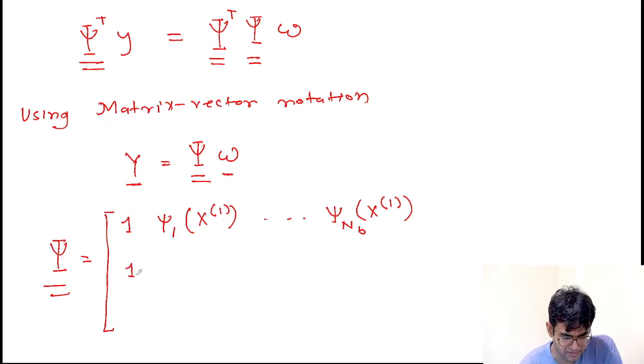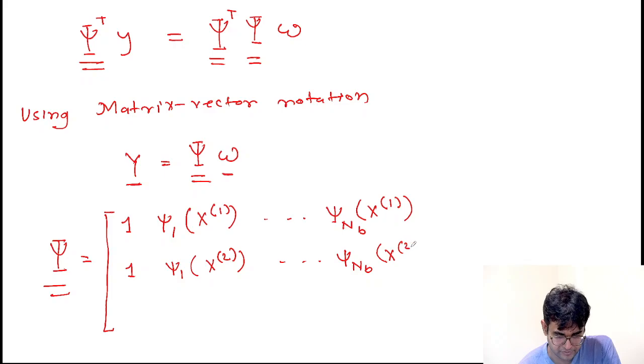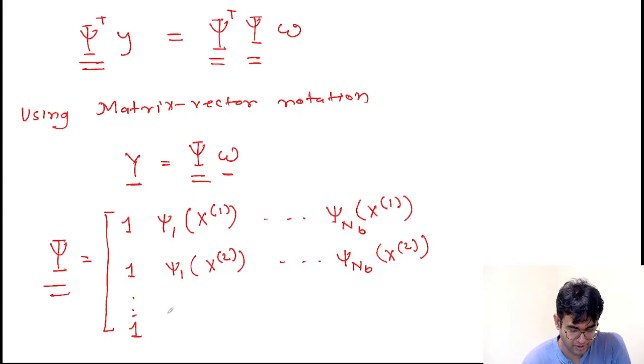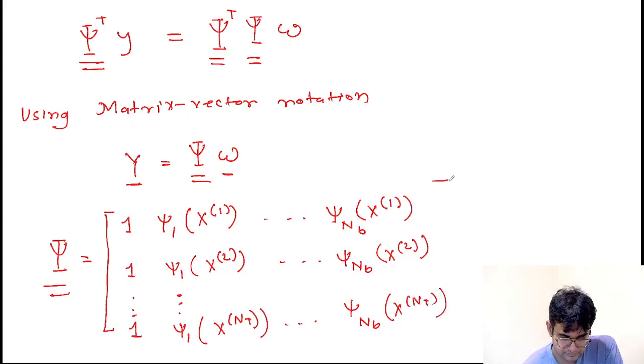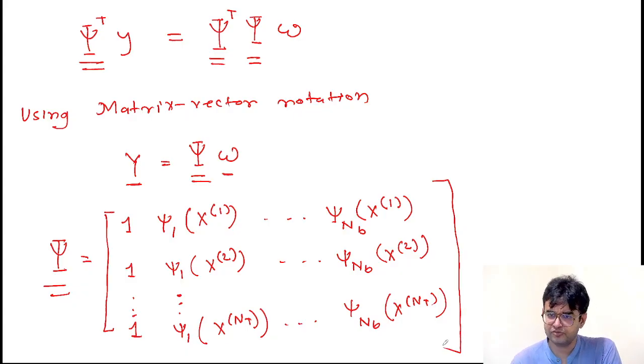The second one will be 1, psi 1 evaluated at x2, psi NB evaluated at x2. And you can continue. The last training sample will be 1, psi 1 evaluated at x NT, psi NB evaluated at x NT. This is my psi.